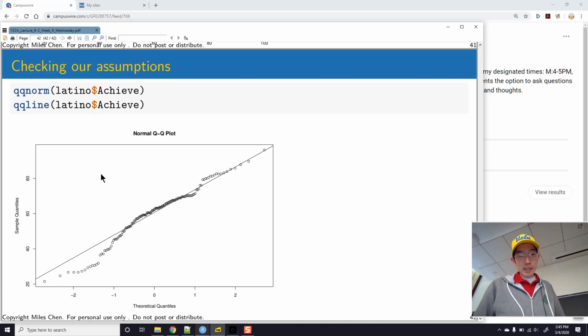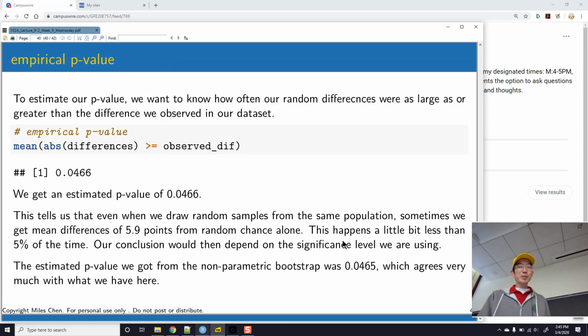And I had a sentence that basically said, well, maybe we shouldn't assume it's normal, okay? But, you know, central limit theorem to the rescue, right?